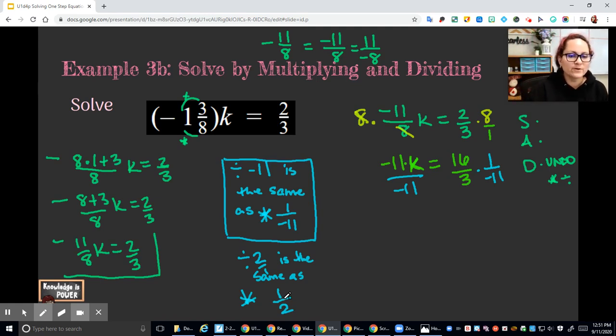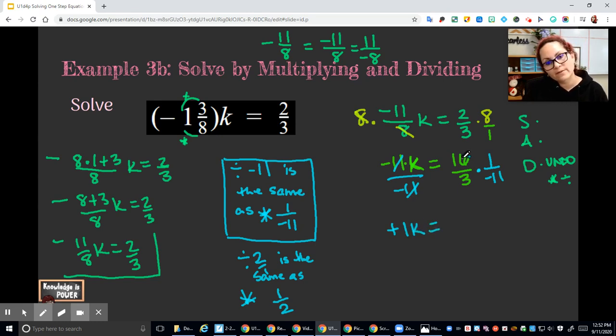Okay, so just know that when we're dividing here by negative 11, it's the same as multiplying by 1 over negative 11. So the negatives cancel because a negative divided by a negative is a positive. 11 divided by 11 is 1. And then we have the k.